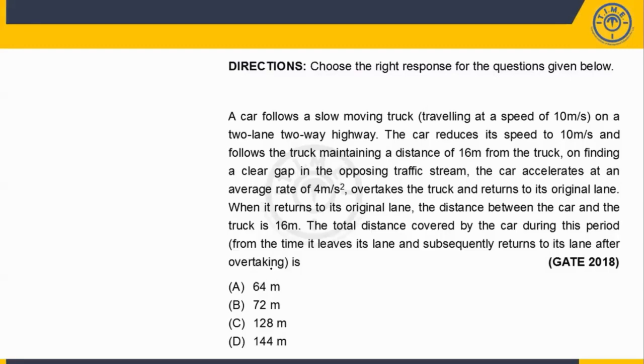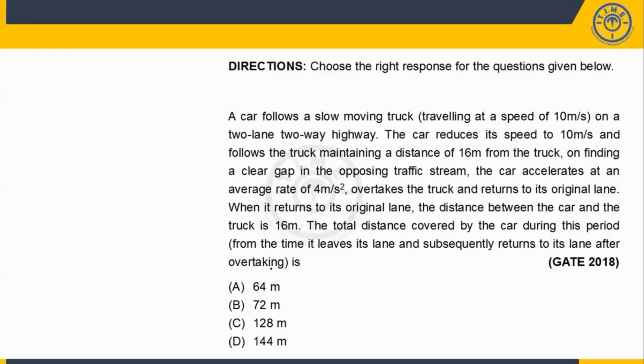A car follows a slow moving truck on a two-lane two-way highway. The car reduces its speed to 10 meter per second and follows the truck, maintaining a distance of 16 meter from the truck.